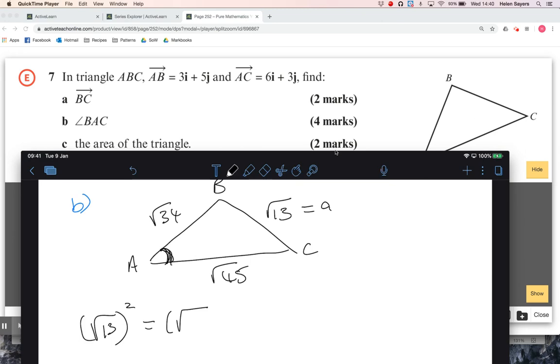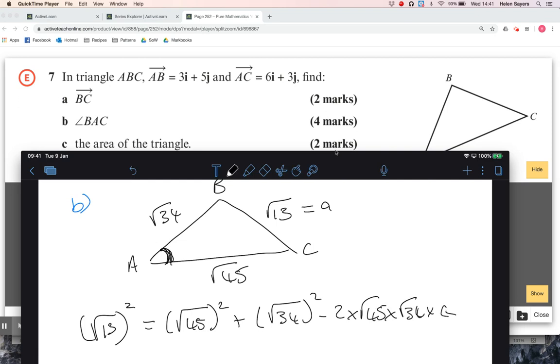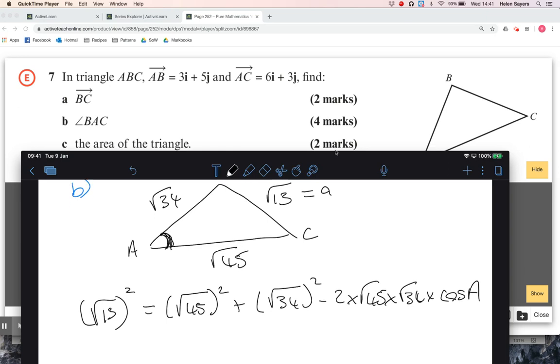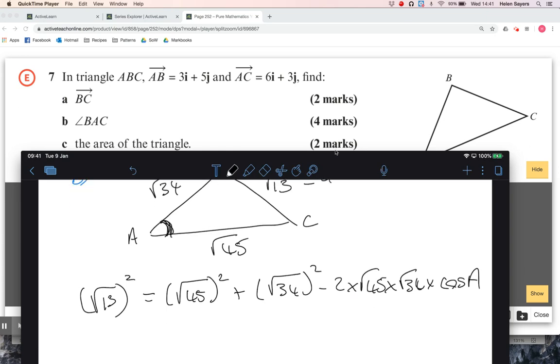So a squared equals b squared plus c squared minus 2 times b times c times cos A. Hopefully cosine rule is not a problem. Before I stick that into my calculator, let's simplify that down a little bit. There's no need to type in the square roots and the squaring. So that's going to be root 45 times root 34 times cos A.